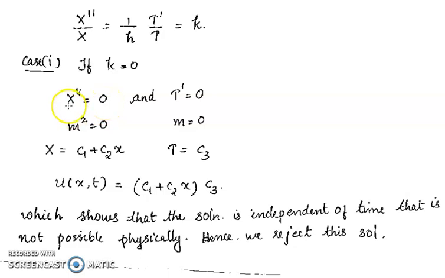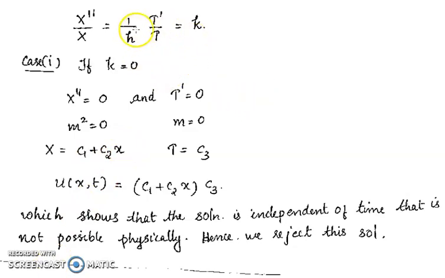If we denote d/dx by capital D, we can write this as D²X equal to 0. Then the auxiliary equation is m² equal to 0, that is, the roots are 0 and 0. Thus we get two roots that are equal and both are real, 0 and 0. Therefore X is c1 plus c2 x.